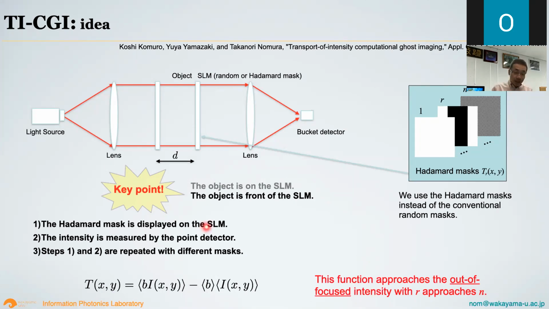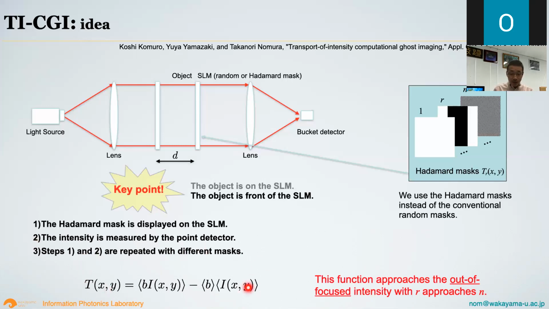The Hadamard mask is displayed on the SLM. A random mask is also okay, but in this paper, we use a Hadamard mask like this. It has a 0 or 1 transmittance. The intensity is measured by the point detector, same as CGI, and steps 1 and 2 are repeated with different masks.